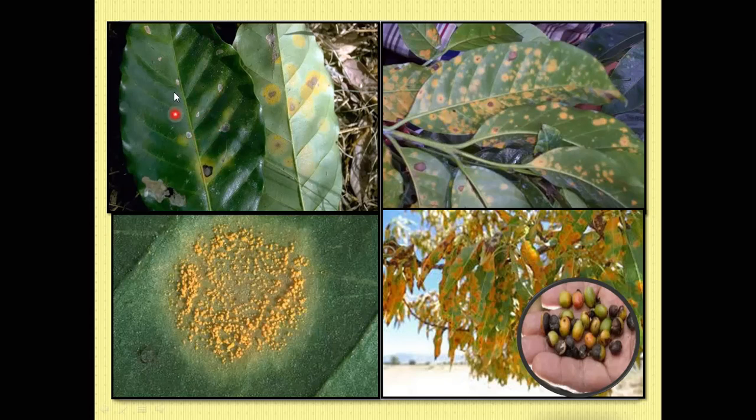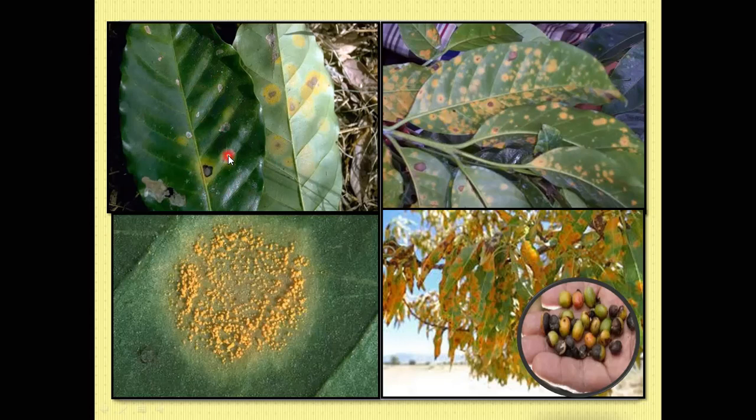So you see this infected leaf. Initially there are just orange yellow spots or pale chlorotic spots. These pale chlorotic spots initially develop on the underside of the leaf, particularly the younger one.